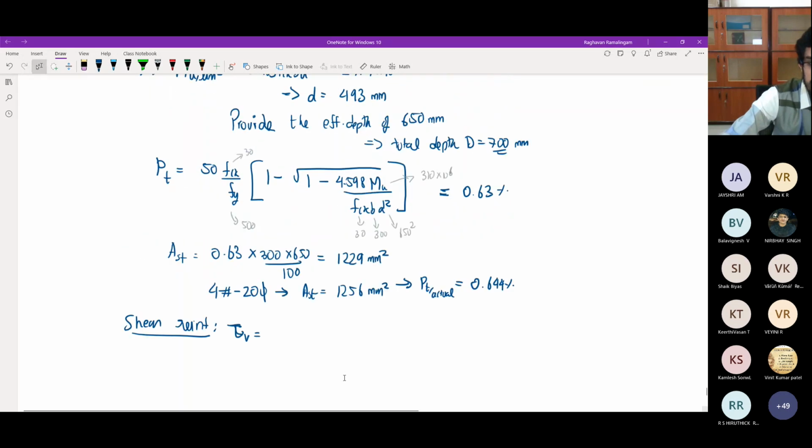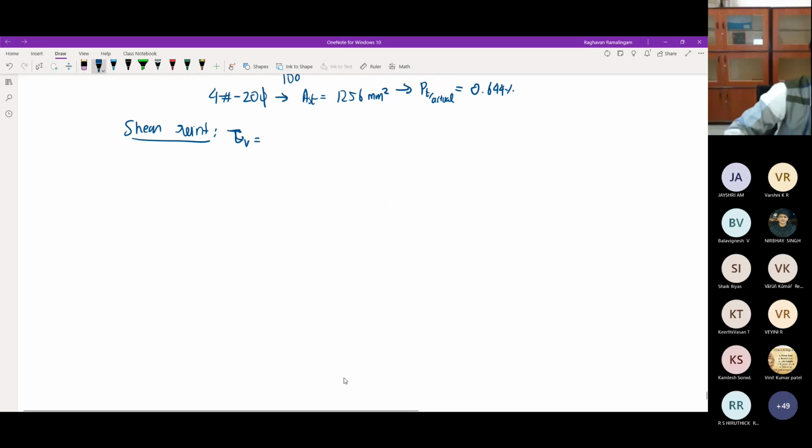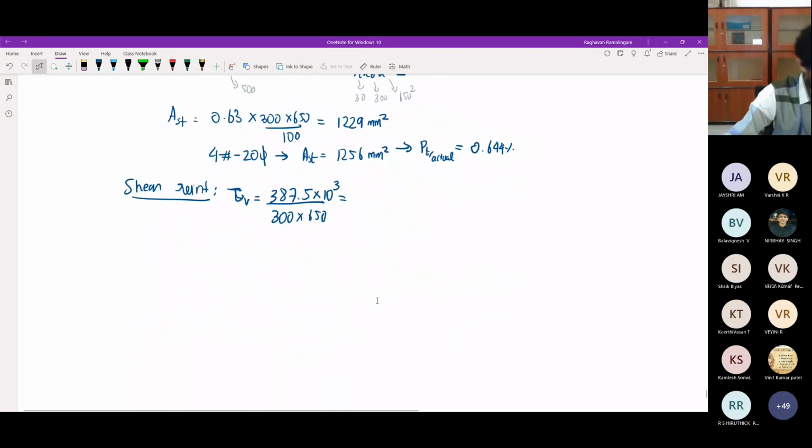My actual shear is 387.5, really big value, into 10 power 3 divided by 300 into 650. Now I better hope that it comes lesser than tau c max. If it does not, then I have to increase the depth further. So I pray to God that it comes lesser than that.